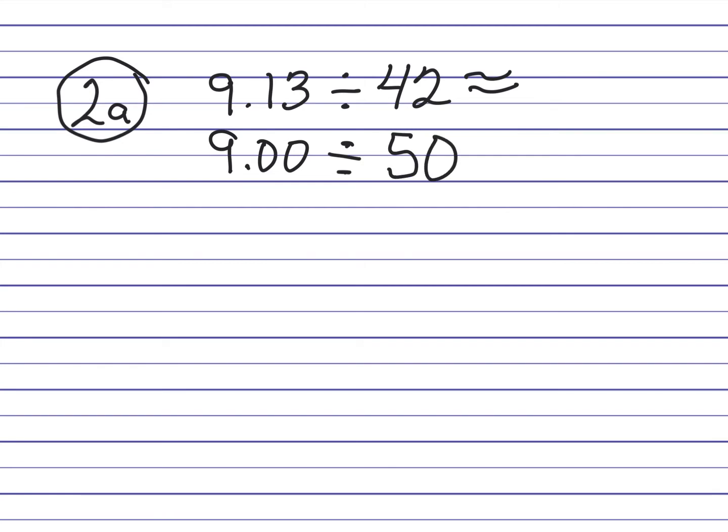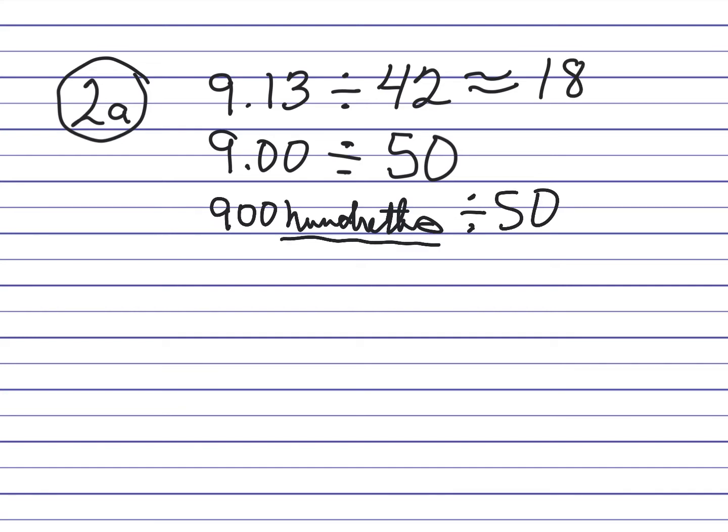We could also think of 900 hundredths. That would be a unit form. Divided by 50. So we can estimate it's going to be around 18 hundredths. Remember our unit, so we can just put a decimal in there. So it's approximately 18 hundredths, or 0.18. It could be your estimate.